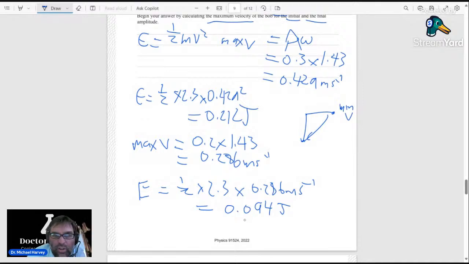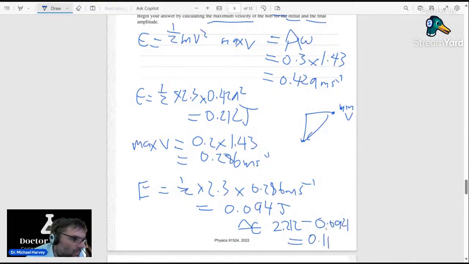So the energy lost, change in energy, will be 0.212 minus 0.094, which equals 0.118 joules. And that's where you get your merit from. Yeah, boom.